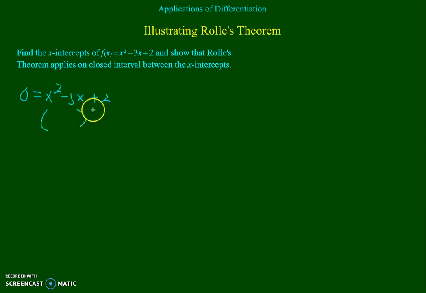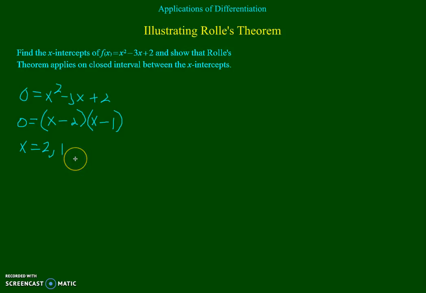Since that's a quadratic, let's see if this factors easily. Since this sign is positive, these signs are going to be the same, and they're going to be negative. And so our only options are 2 and 1. x squared minus x minus 2x plus 2. There it is. So we know that our zeros, our x, is 2 and 1.